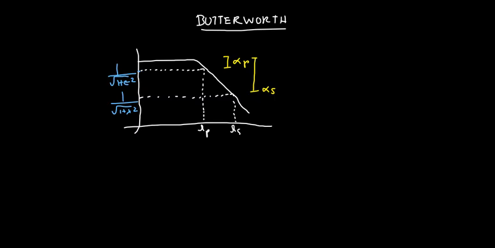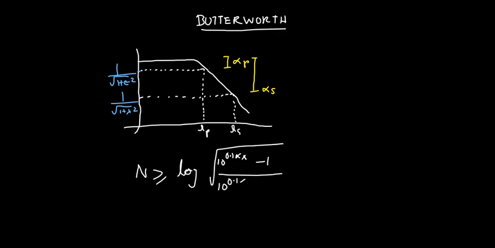Now we define the order of the filter formula for Butterworth. The order n should be greater than or equal to log of square root of (10 power 0.1 alpha s minus 1) by (10 power 0.1 alpha p minus 1), divided by log of omega s by omega p.